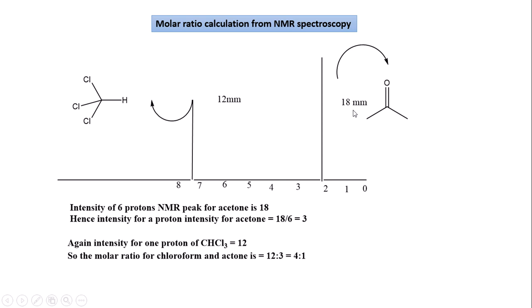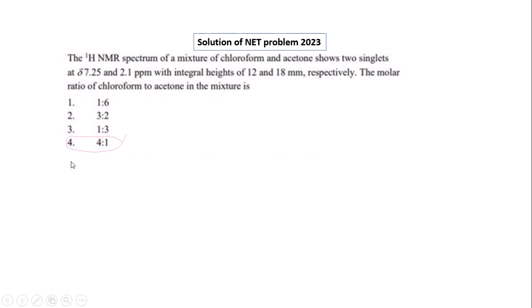So for one hydrogen, the signal intensity becomes 3. So the molar ratio of chloroform to acetone is 12:3, which becomes 4:1. Hence the answer is option 4.